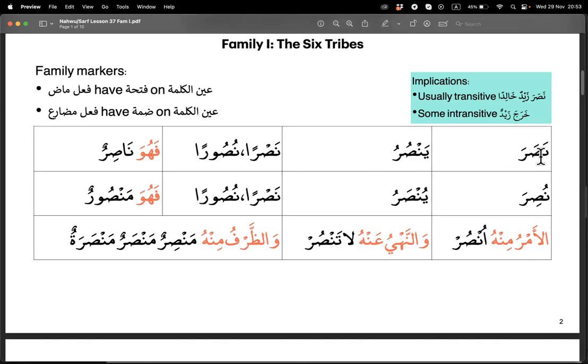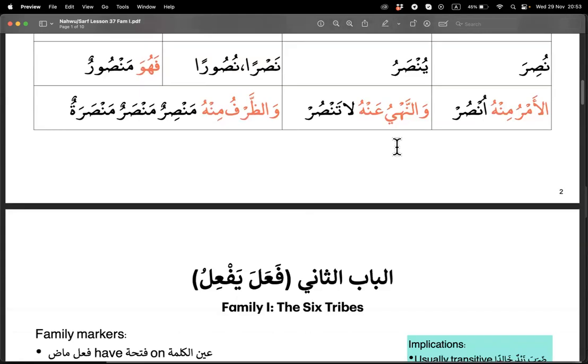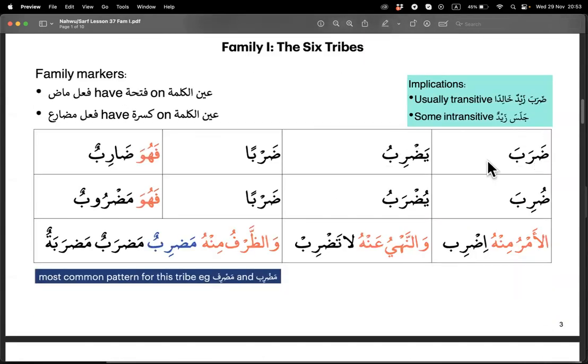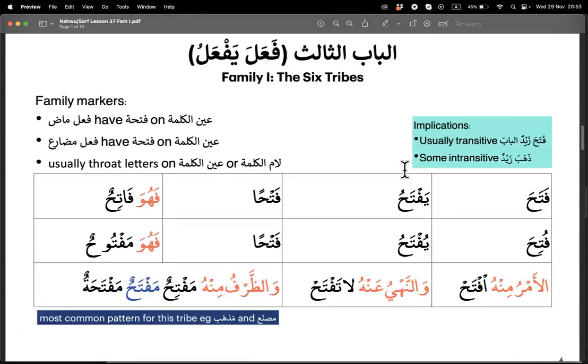The first one is Nasara Yansuru, Fathah Dhamma. The second one is Daraba Yadribu, Fathah Kasrah. The third one is Fataha Yaftahu, Fathah Fathah. So Nasara Yansuru, Daraba Yadribu, Fataha Yaftahu.